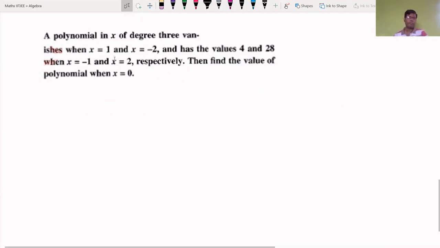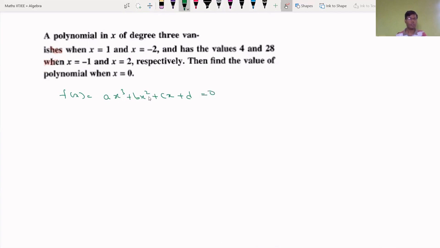So when he says a polynomial in x of degree 3, that means I will have the polynomial of the form f of x is equal to ax cube plus bx square plus cx plus d. So this is my polynomial equation.